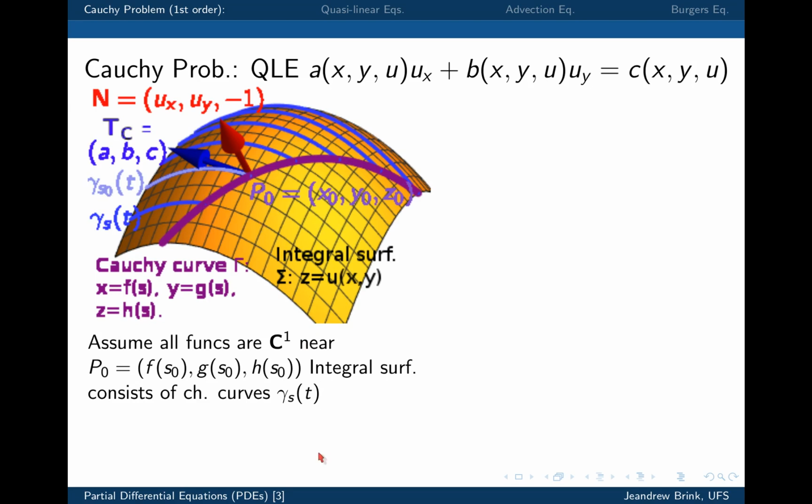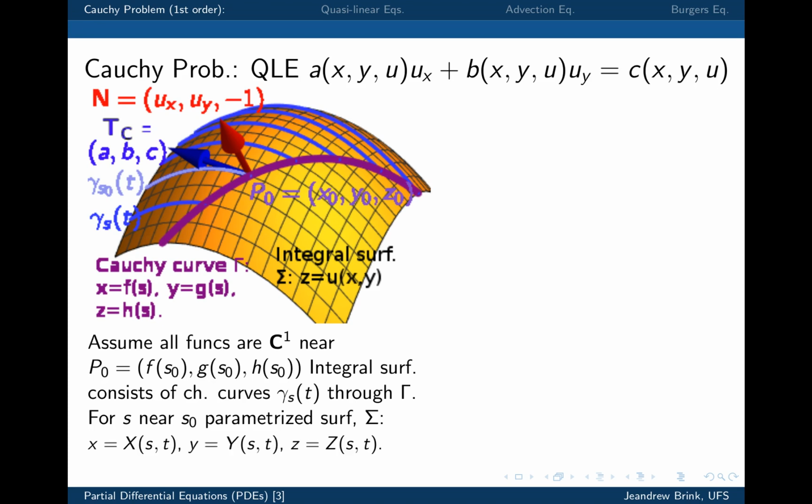Okay, and what else do we know? All those curves go through gamma, because we simply specified the Cauchy curve as a curve on the solution surface. Near the point P0, we can build up a parametrized surface of the solution surface, and we can view it as parametrized not in X and Y, but rather in S and T. So we're choosing a set of coordinates used to describe the surface that is adjusted to that point, so it's valid locally near that point.